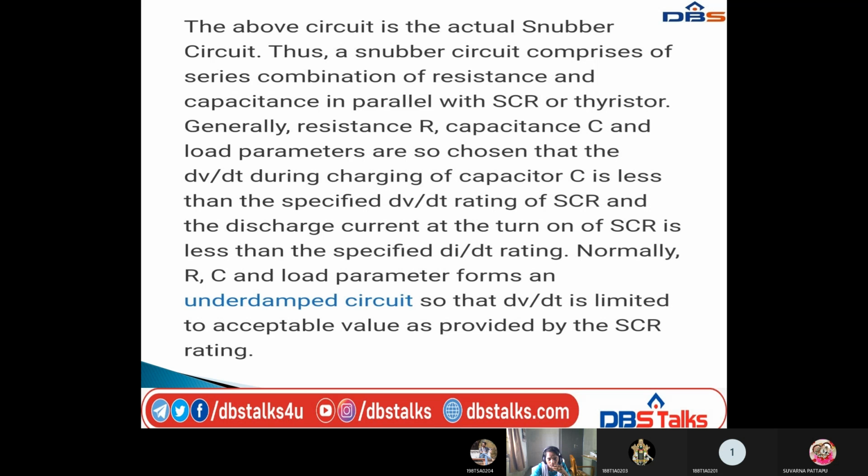Generally, the resistance, capacitance and load parameters are so chosen that the dV/dt during the charging of capacitor C is less than the specified dV/dt rating of the SCR, and the discharge current at the turn-on of the SCR is less than the specified di/dt rating. Normally, the resistance, capacitor and load parameters form an underdamped circuit, so that dV/dt is limited to an acceptable value as provided by the SCR rating. Okay.